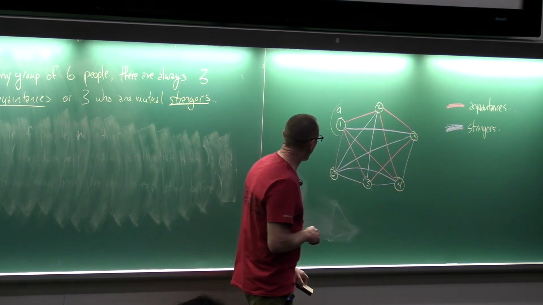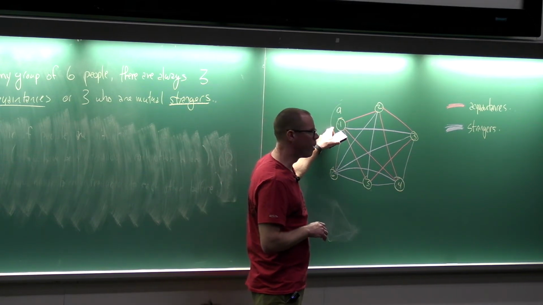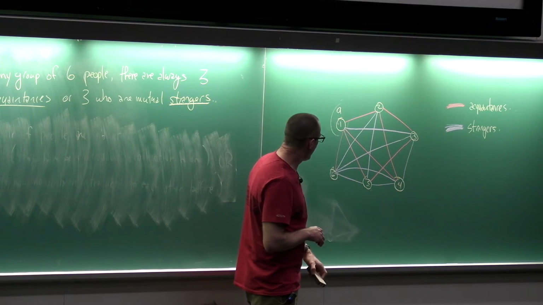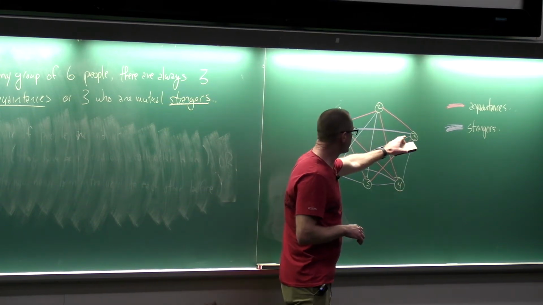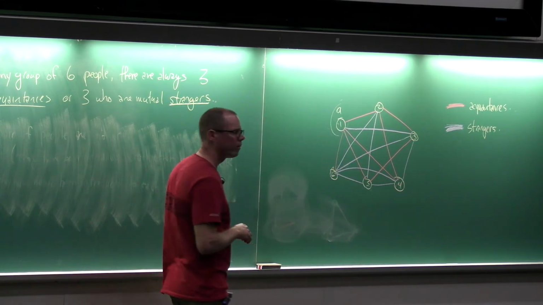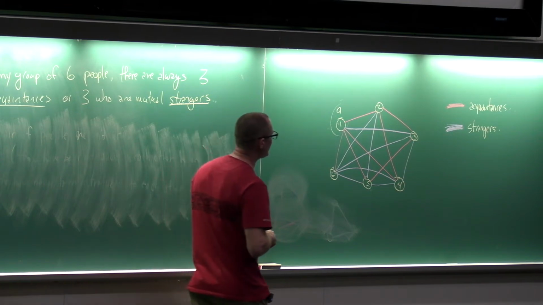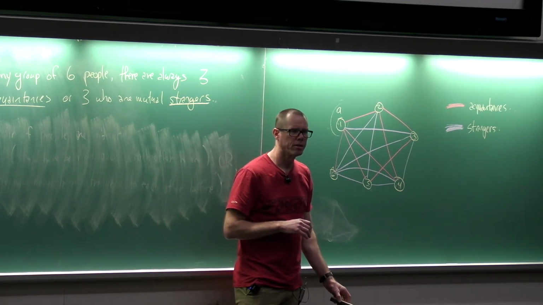That's why I said vertex when I should have said person at some point, because I'm already thinking of this as a graph. Vertices is the plural of vertex.